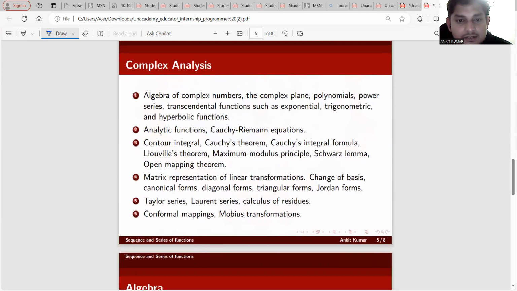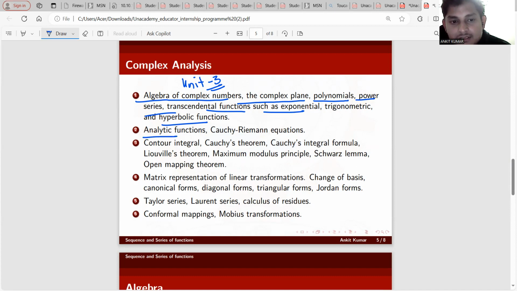Now, this is the unit 3 part, which is complex analysis. So, algebra of complex numbers, the complex plane, polynomials, power series, transcendental functions such as exponential, trigonometric, hyperbolic functions. In the first part, I will cover the basic definitions and algebra of complex numbers, meaning addition and multiplication of complex numbers.